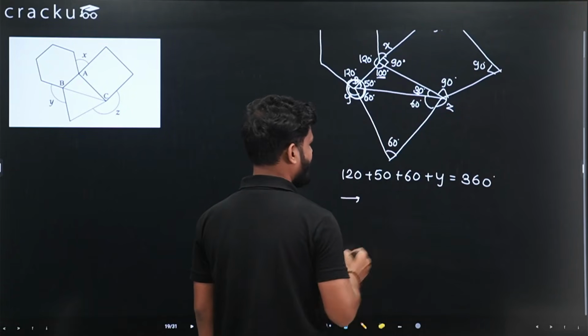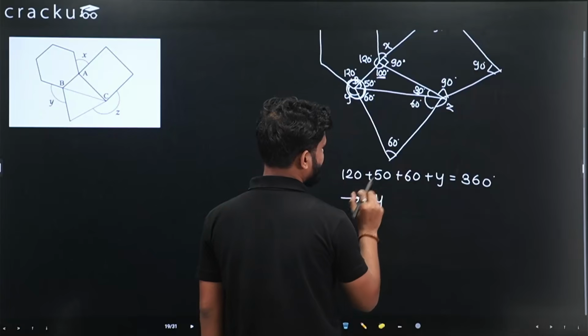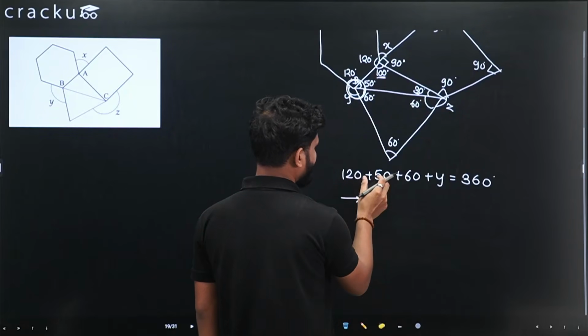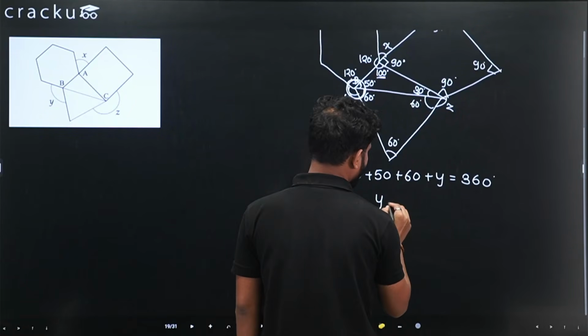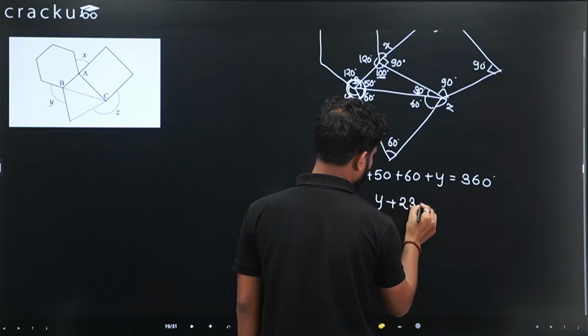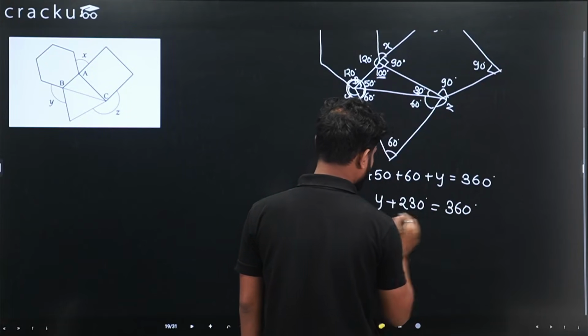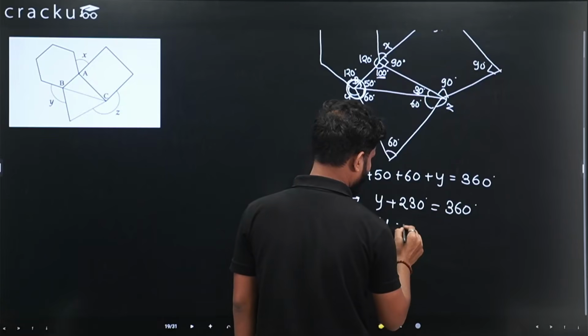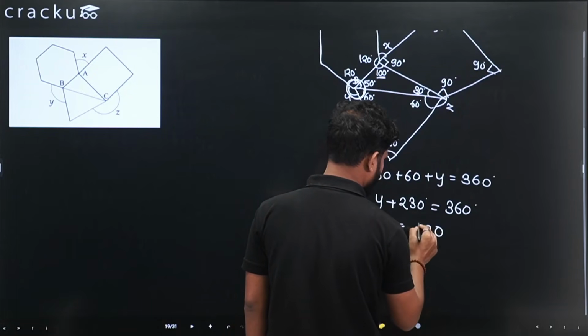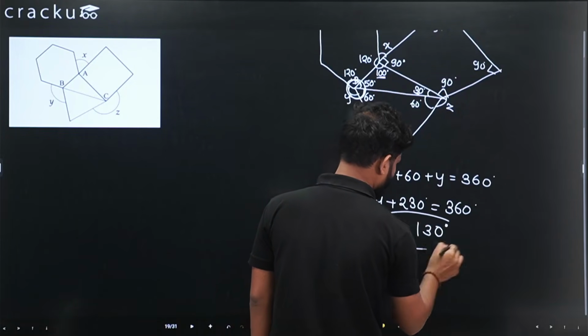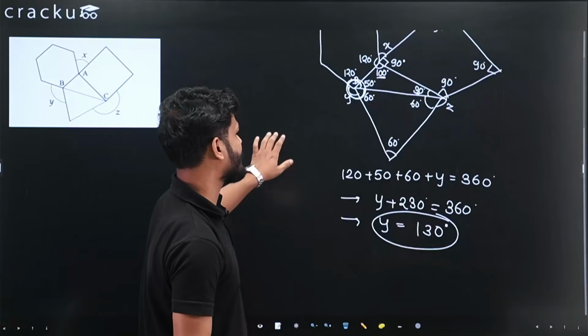From here, 120 plus 50 is 170, 170 plus 60 is 230 degree, which is equal to 360 degree minus y. From here you can get y as 130 degree.